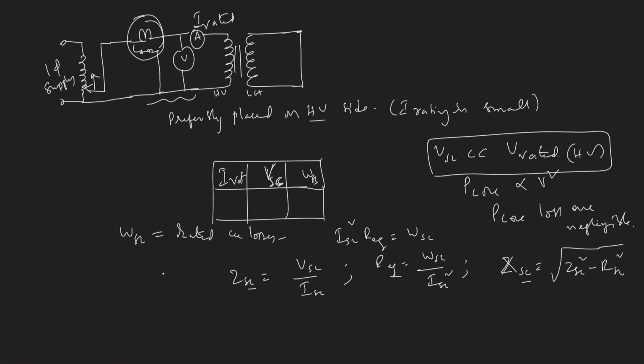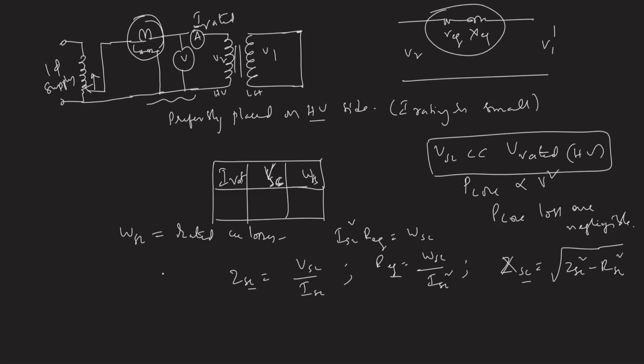Earlier this was V1 and this was V2. So now I can say these two quantities are onto this V2: this is R equivalent, this is X equivalent, and this is V1 prime. To draw the equivalent circuit you have to either bring the shunt branch onto the V2 side or the series impedance values onto the primary side.